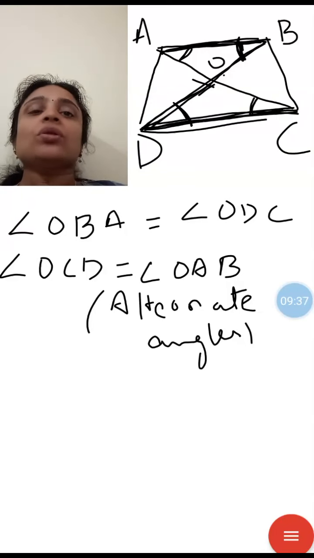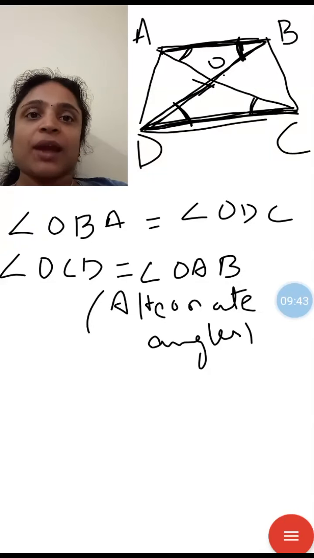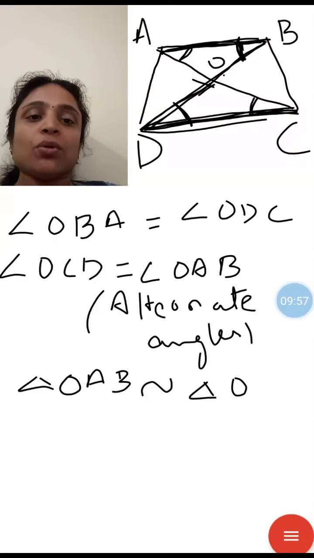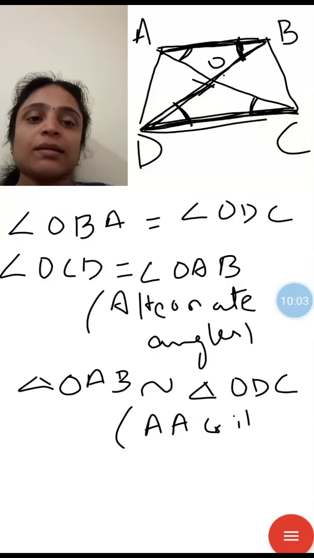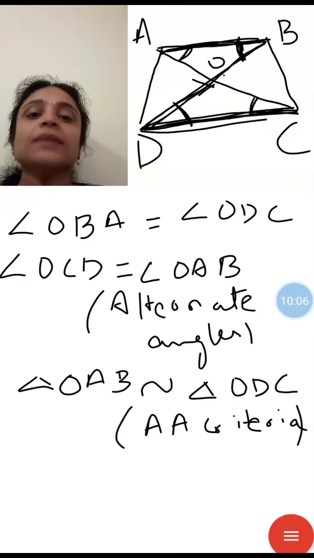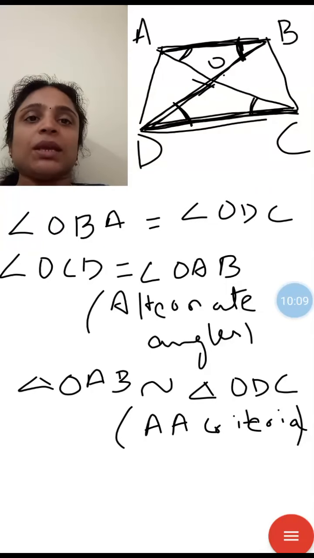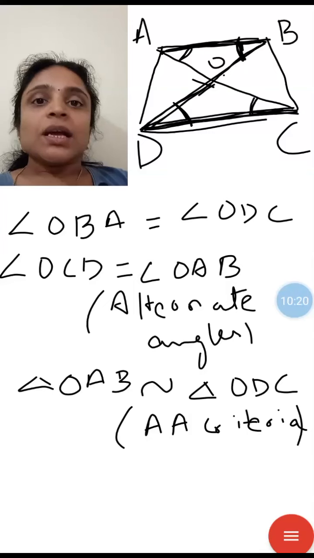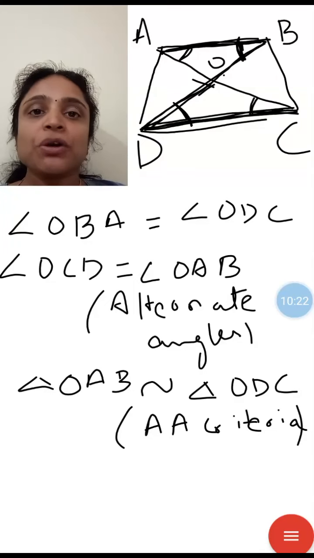So, these two angles are equal, which means if we are considering triangle OAB and triangle ODC, if two angles are equal, then we can say that triangle OAB is similar to triangle ODC by AA criteria. And if two triangles are similar, the ratio of their corresponding sides are equal.